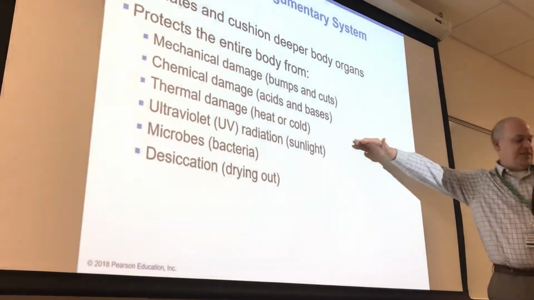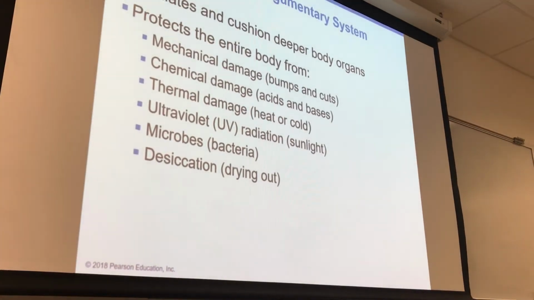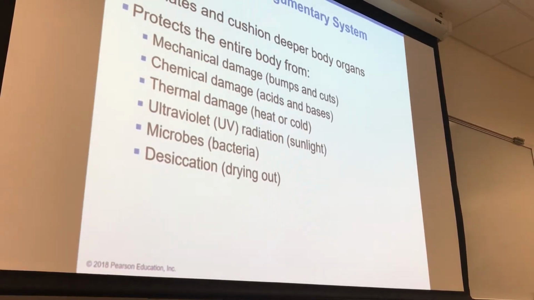Thermal: our skin helps protect us from extreme heat and extreme cold. UV light: our skin protects us from the harmful effects of the sun. It has a protective mechanism where our skin gets darker during times of increased exposure to the sun, so that the sun's UV rays can't harm us even further.